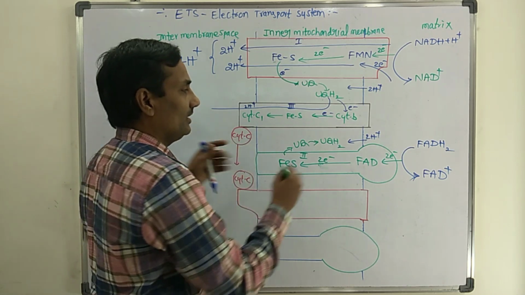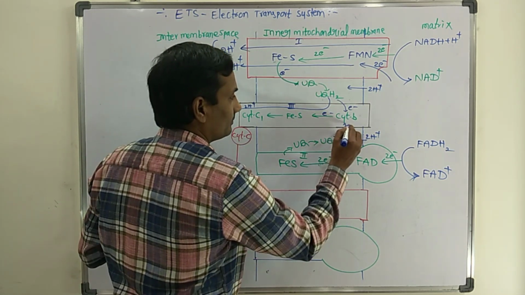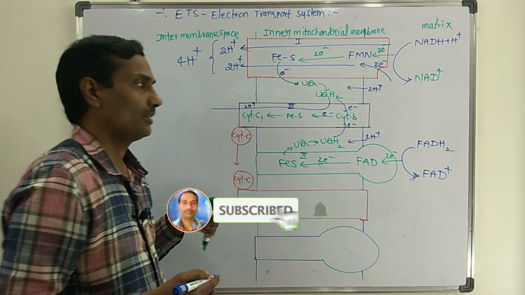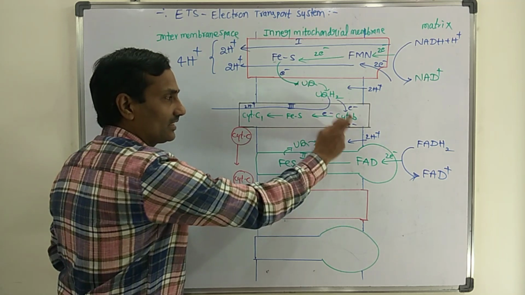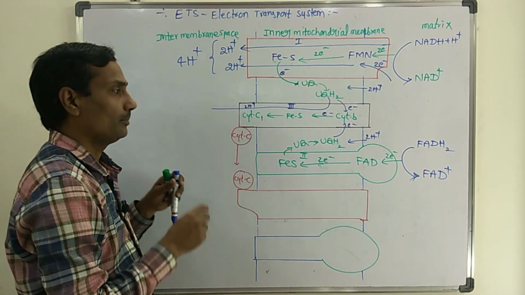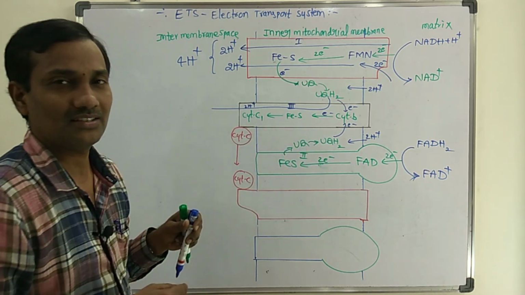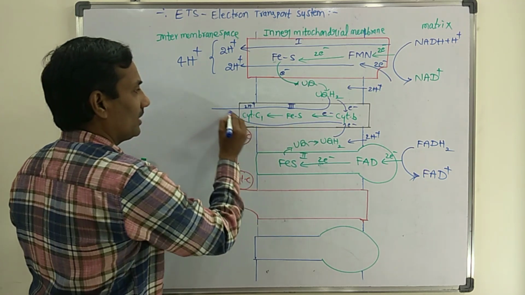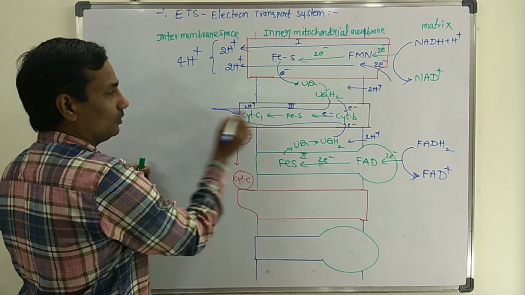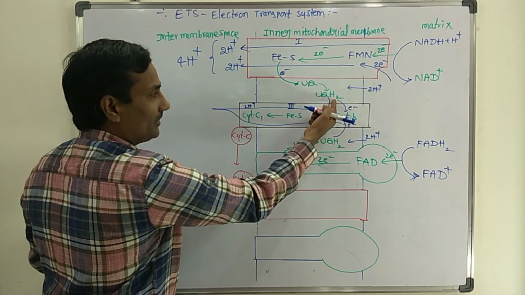Now this ubiquinol will transfer electrons to cytochrome B. Most important thing here, again 2 more protons are released, no? So these 2 protons coming from here and 2 protons coming from here.